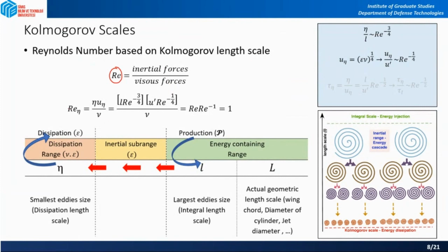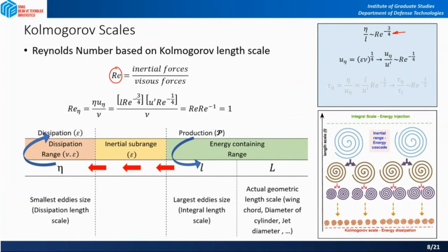The Reynolds number we had before, like this here, is based on the largest scales. But for the smallest scales, we define Reynolds subscript eta, the Reynolds number based on the smallest eddies, and it is equal to the length scale times the velocity scale divided by viscosity.